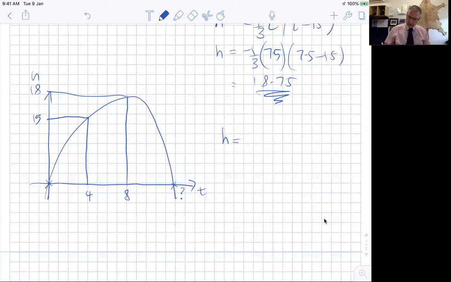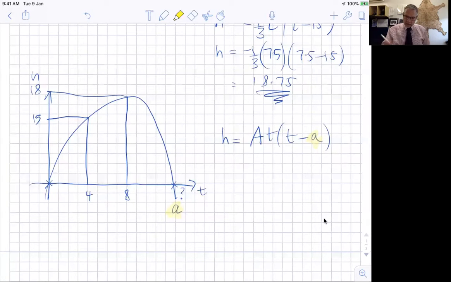So h equals, and I'm going to put that A in there again, and there's t here, and then t minus some unknown, and I'll make that lowercase a. So what we're actually trying to find is that a there.